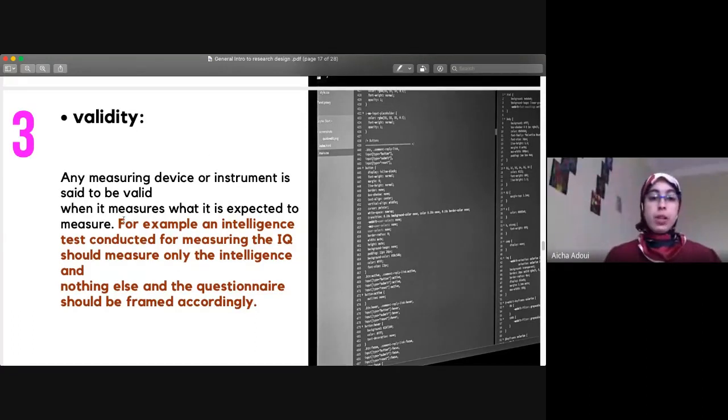Then again, this is an example that I pretty much appreciate, the one related to IQ tests, intelligence measurement tests. These tests are conducted and they measure your mathematical reasoning, logical reasoning, and everything that has to do with your brain's ability to reason something, whether mathematically or logically. It is not related to how you handle your life, your emotional intelligence. It's not related to this, it's not related to that. It's very, very specific.